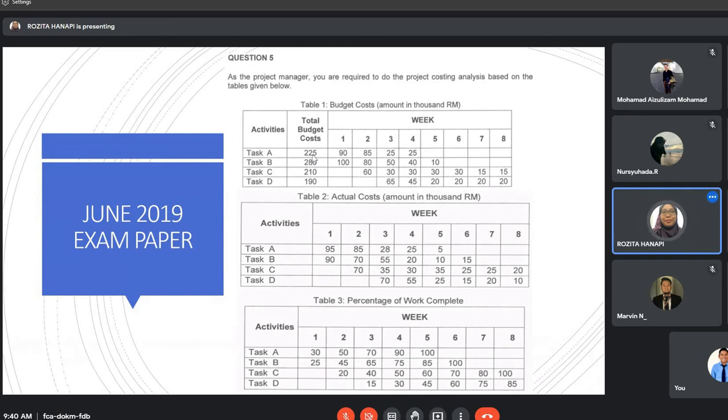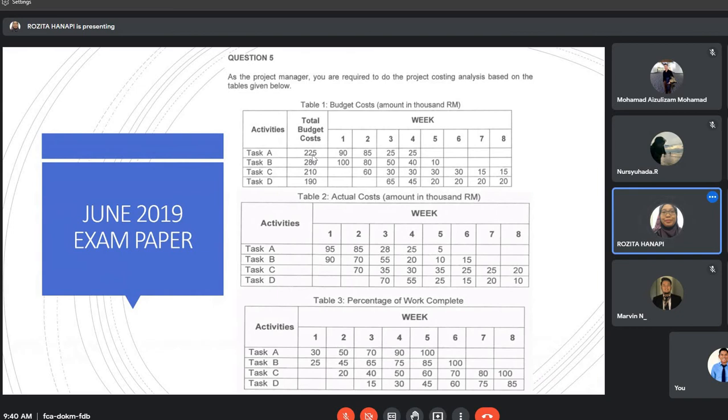value based on the percentage complete. So task A, because it has been completed 100%, so the TBC, not TBC, the earned value for task A is 225,000. And then task B is 280,000.